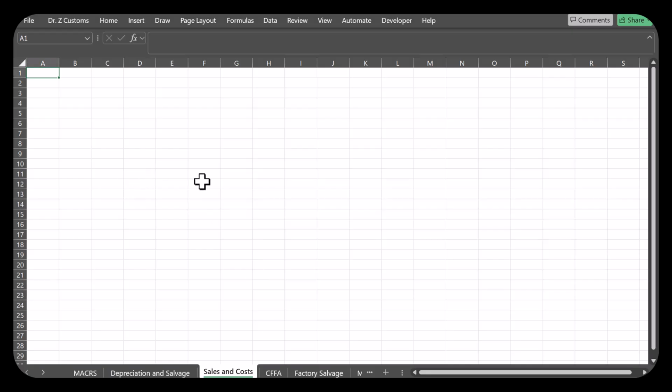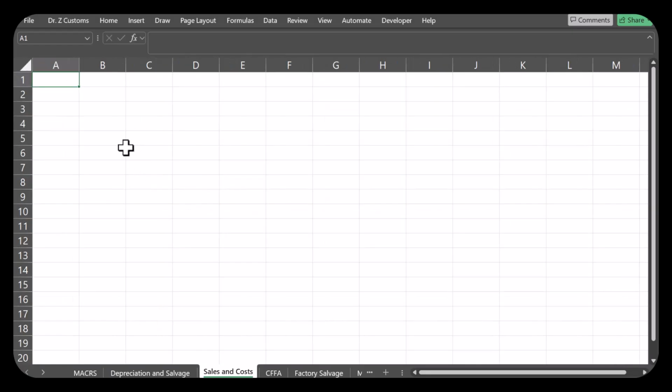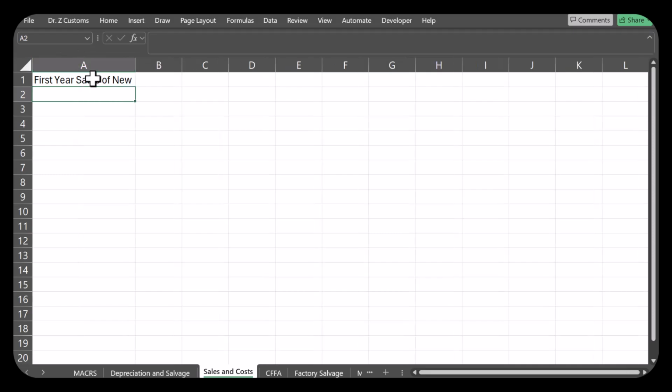Well, we're gonna have certain inputs again. First year sales of new, current sales of old, first year decline percentage of old.